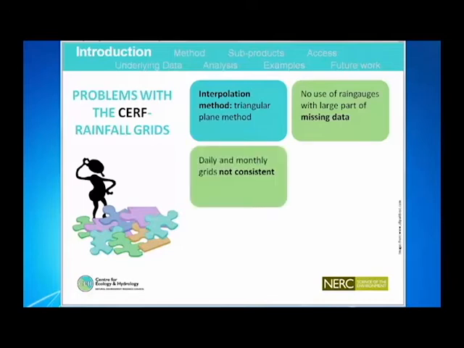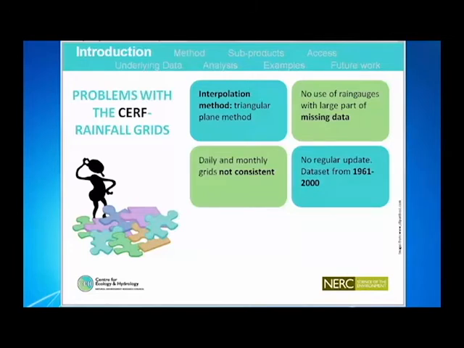Another problem is, the SURF rainfall grids were daily grids, but CEH also had another set of rainfall grids which were monthly grids, and the two data sets weren't using the same interpolation methods, and so the two data sets were not consistent. And also because it was within a project, it was a one-off thing. The data set was originally developed for 1961 to 2000.